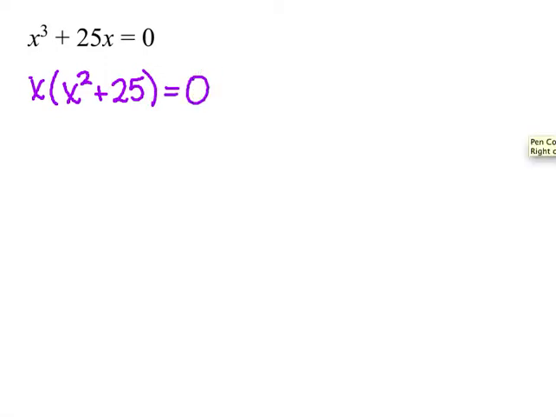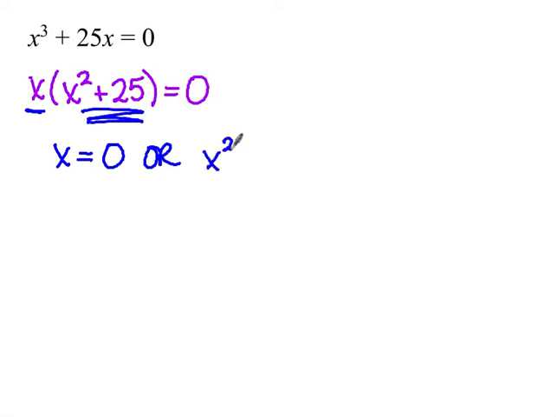The first quantity is going to be either x equals 0 or x squared plus 25 equals 0. Does everybody understand where those came from? Okay. Done. That's one solution.